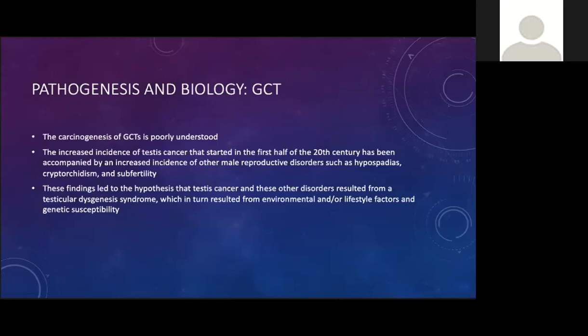And the increased incidence of testis cancer that started in the first half of the 20th century has been accompanied by increased incidence of other male reproductive disorders such as hypospadias, cryptorchidism, and subfertility. These findings led to the hypothesis that testis cancer and these other disorders resulted from a testicular dysgenesis syndrome, which in turn resulted from environmental and or lifestyle factors and genetic susceptibility.